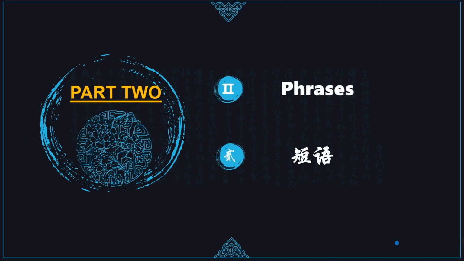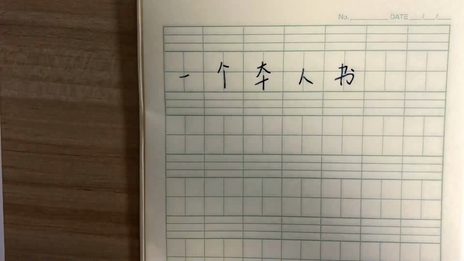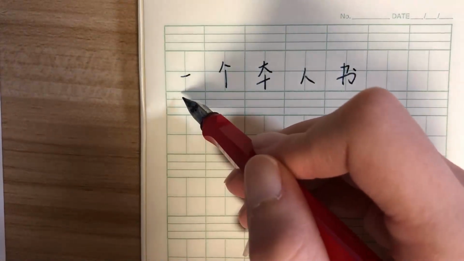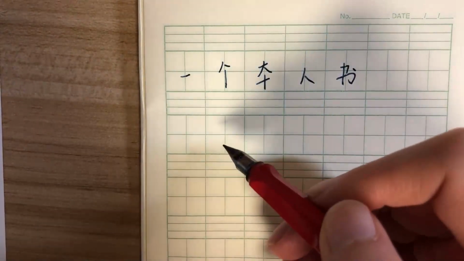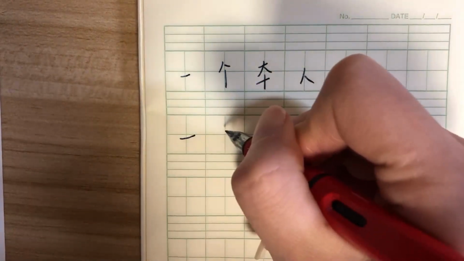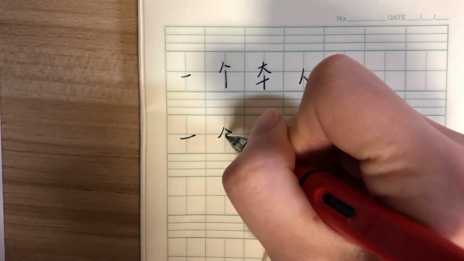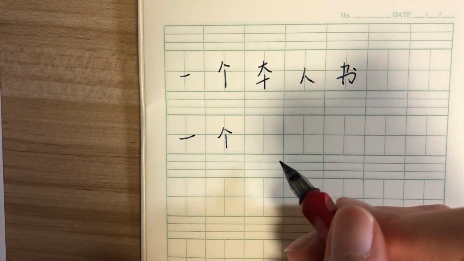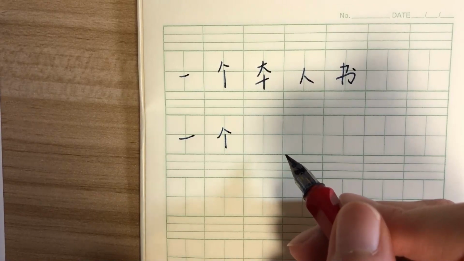Part 2. Phrases. 短语. If we combine those 2 characters, 一 and 个 together, it's a phrase, 一个. It means one, or a.